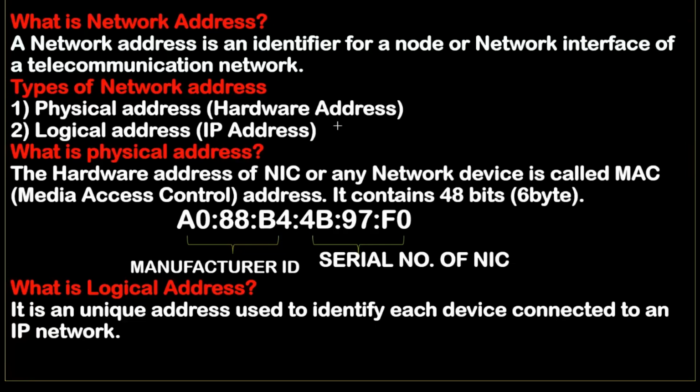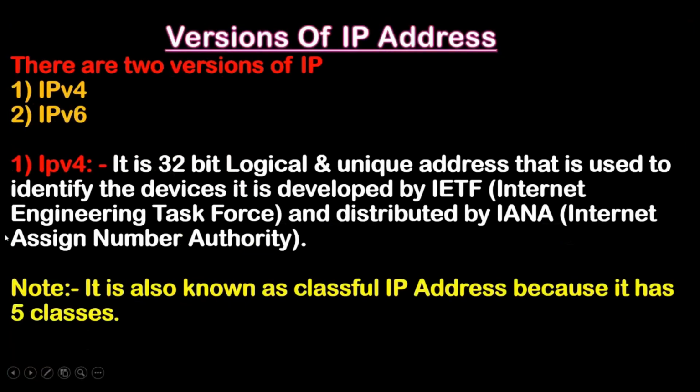Right? So here we have physical address and logical address. In logical address, we have IP address. If you see here, in IP address, the first thing is IP developed by IETF. IETF is the organization, Internet Engineering Task Force.